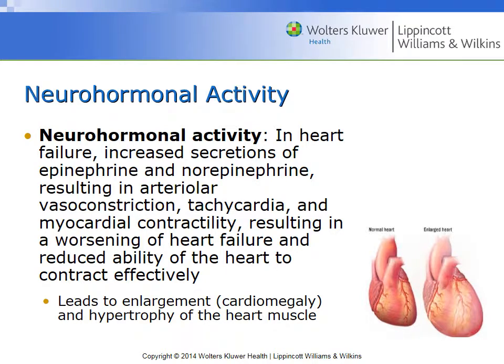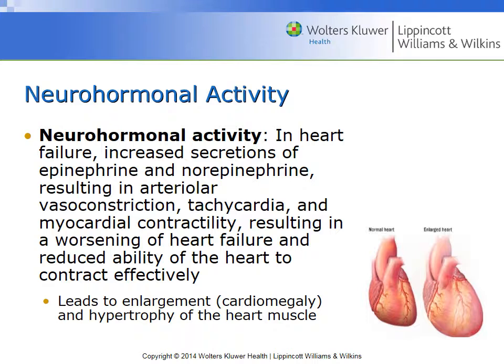So we talked a little bit in the vocabulary slide about neurohormonal activity. In heart failure, the body does a little bit to hurt itself even further, essentially. Whenever things aren't working correctly, the body says, okay, maybe I should give it a little bit more.